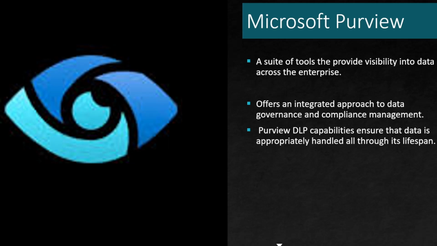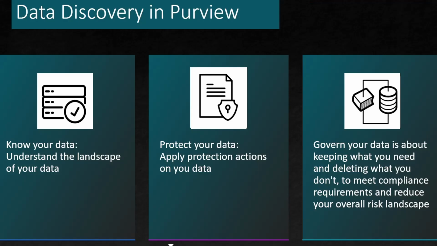So, next, we are going to be looking at data discovery in Purview. Now, data management, like we said, is a very important aspect of organizational security and efficiency. And there are a series of steps that we have to take in order to understand what is going on with our data. The first step is to conduct a comprehensive data discovery, involving identifying the types and volumes of data within our system and understanding the nature and location of sensitive data, which is very important in order to formulate a robust protection and governance policy.